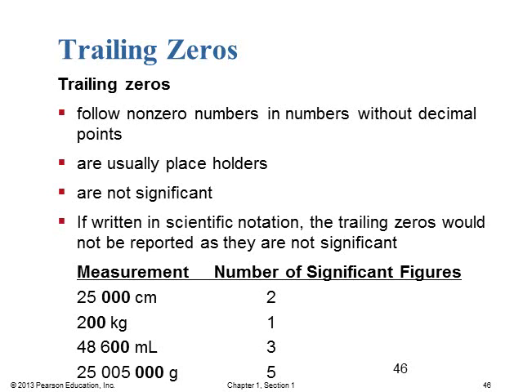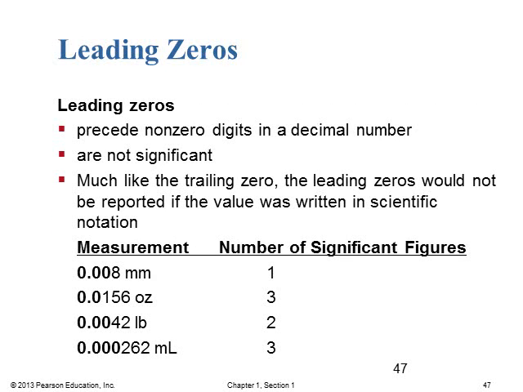And lastly, 25,005,000. Those sandwich zeros are significant, and the trailing zeros are not significant. The only significant values are the 25005, so that's 5 digits, 5 significant figures.